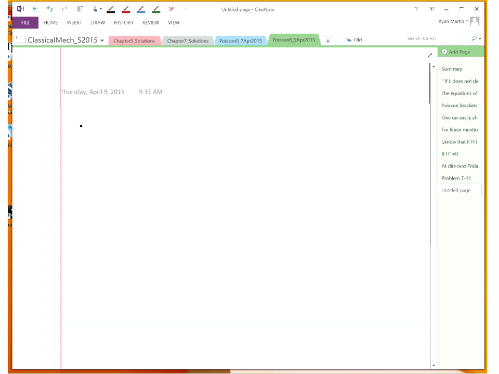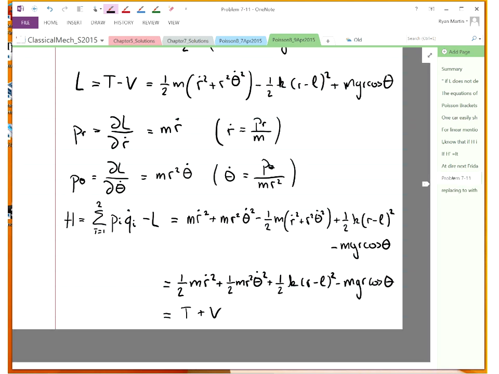So rewriting now the Hamiltonian, we replace theta dot squared with P theta squared over m squared R to the fourth, I believe.